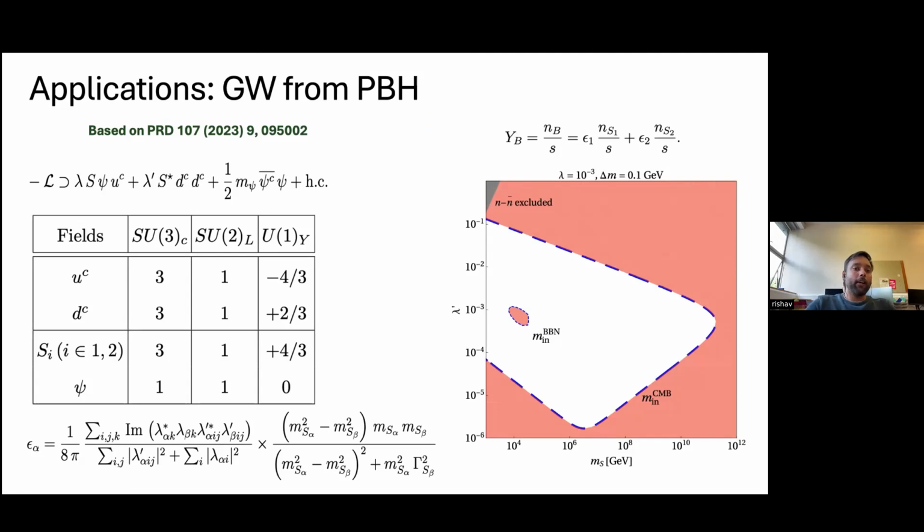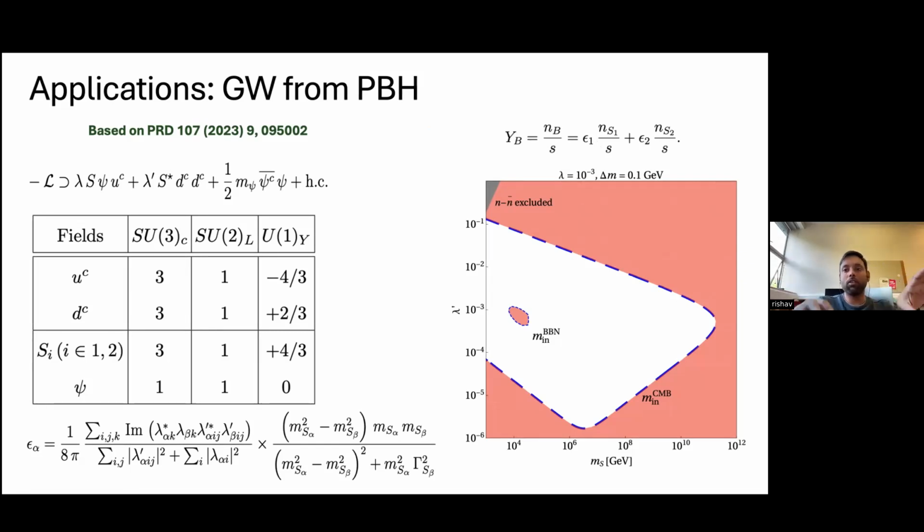Now, we also need at least two generations of scalars to generate asymmetry. So what we did was we considered the masses of these two scalars to be very close, and this mass splitting we considered to be 0.1 GeV. So we kind of had a resonance baryogenesis in this scenario, and the total asymmetry was the sum of the asymmetries generated from these two scalars.